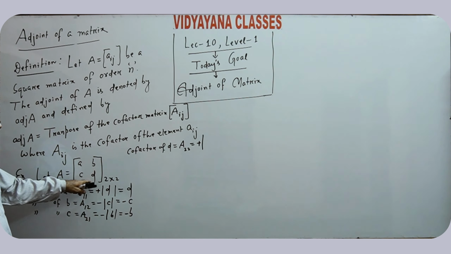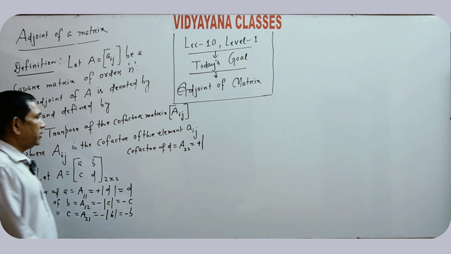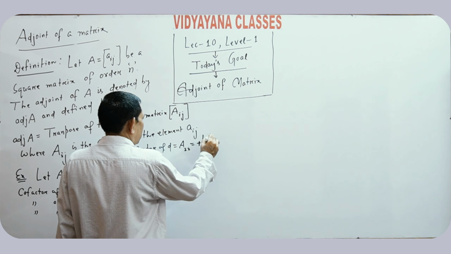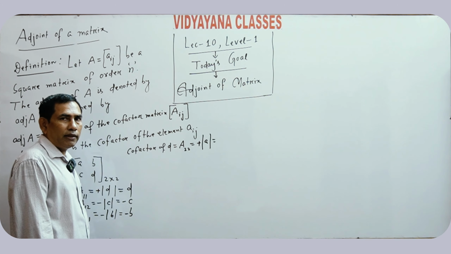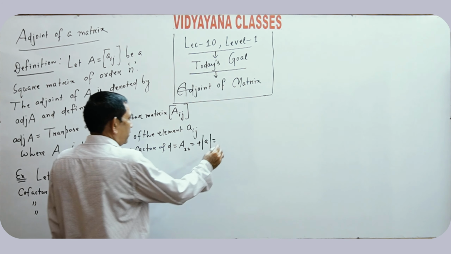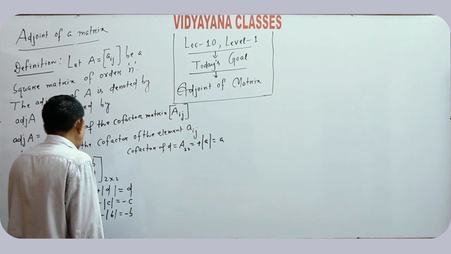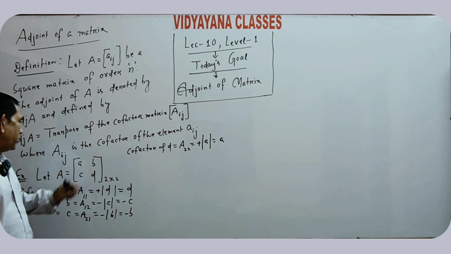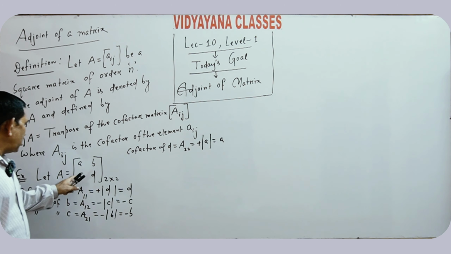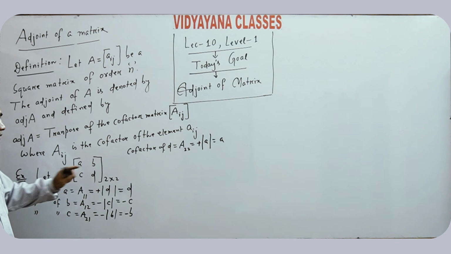After deleting the second row and the second column, it gives a. Determinant of a single element is itself, that is a. Clear? These are the cofactors of the elements a, b, c, d.